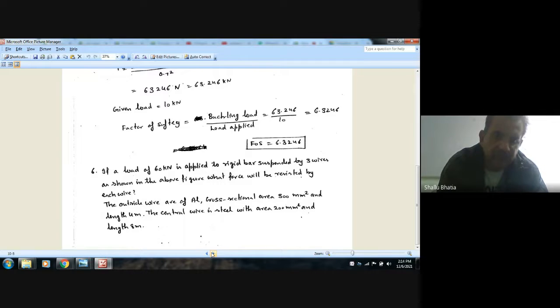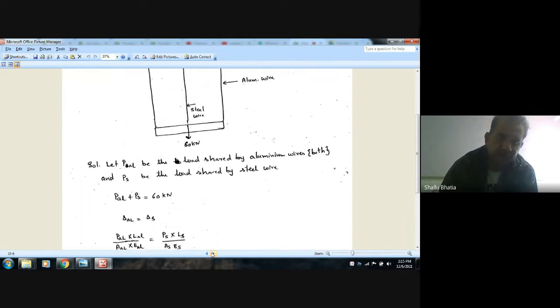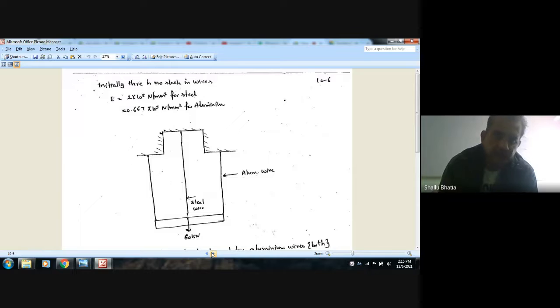The central wire is steel with area 200 mm square and length 8 meters. This is the figure. Initially, there is no slack in the wires. E is equal to 2 into 10 to the power 5 Newton per mm square for steel and 0.667 into 10 to the power 5 Newton per mm square for aluminum.